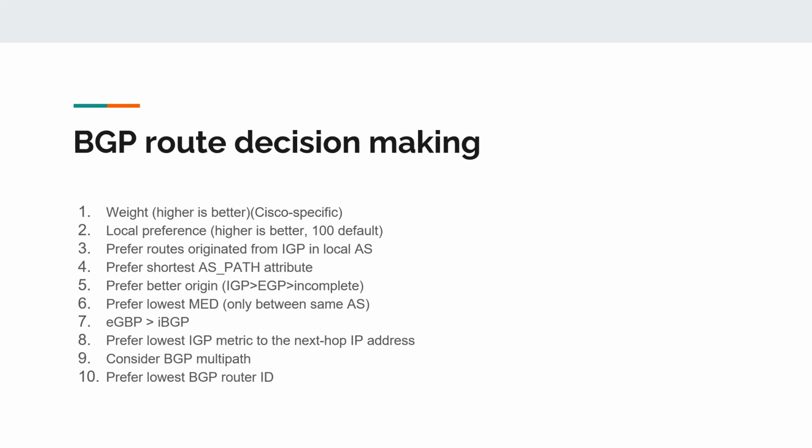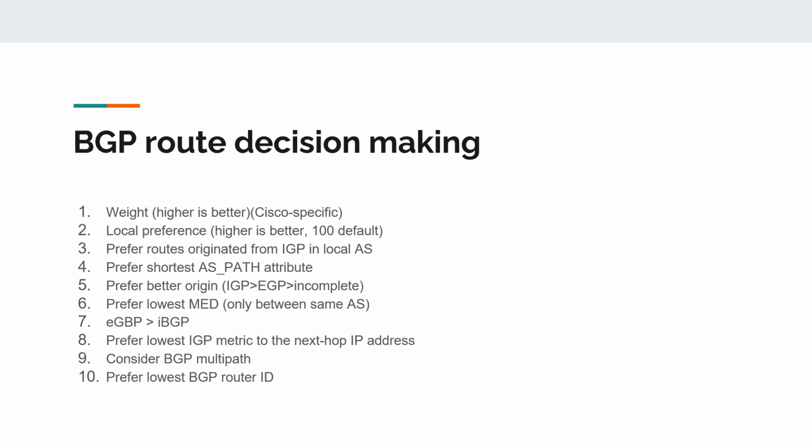The second one is the local preference, which is preferred; also, the higher, the better. Third, a local path originated from IGP is preferred. And the fourth means the shortest AS path length is preferred.